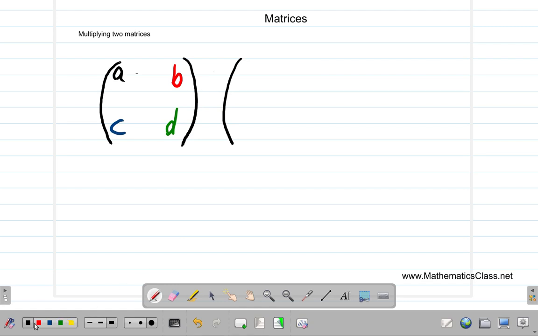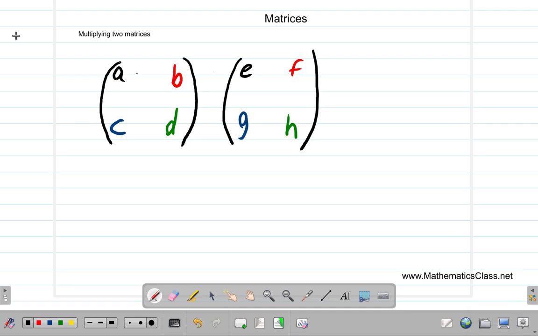Then we'll be multiplying by E, F, G, H. So there we have our matrices to multiply.